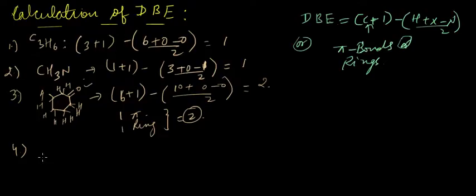Okay, let's look into this example, C10H10. So for C10H10, I think you should calculate this on your own and tell me what the answer is. I'll write some of the examples here in which you must do the necessary and should come up with the results.